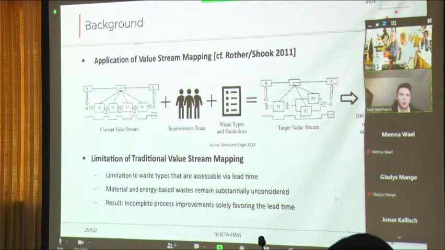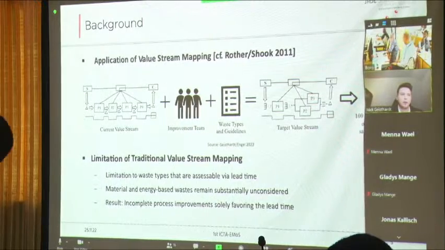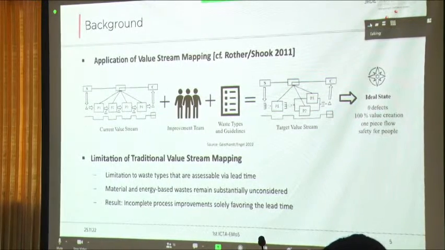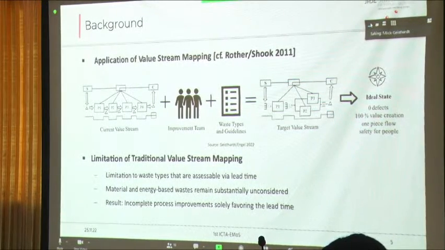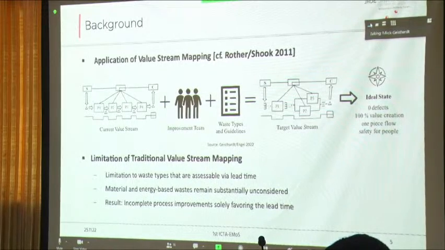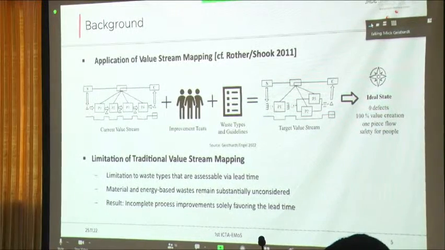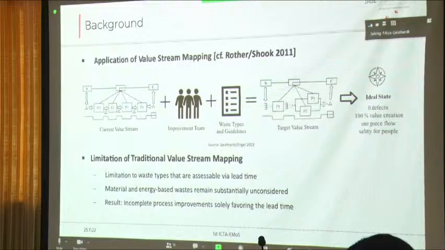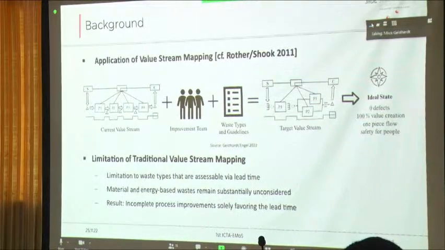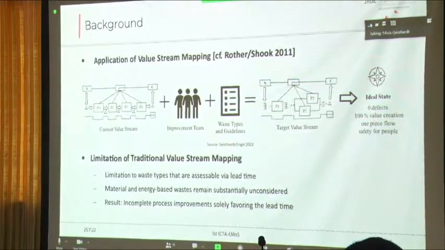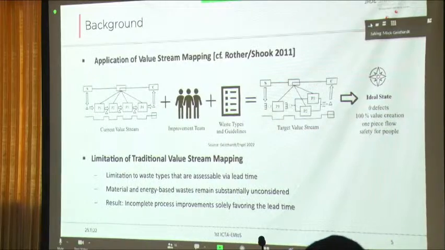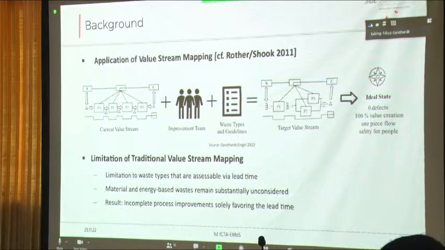We have here on the picture on the left side a supplier with the customers, and we have the internal end-to-end processes with inventories. Then on the bottom line of these small pictures, you can see the so-called lead time ladder, on which the lead times are evaluated and then used for optimization purposes.